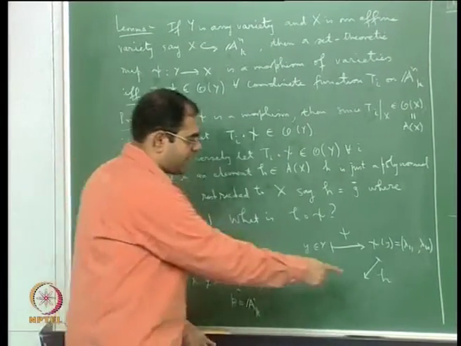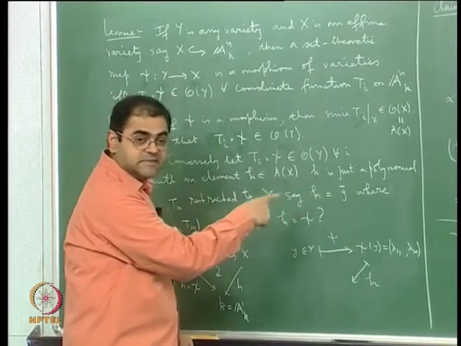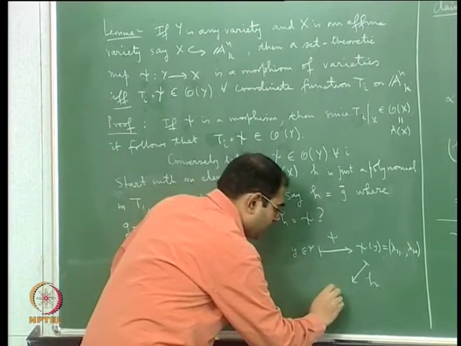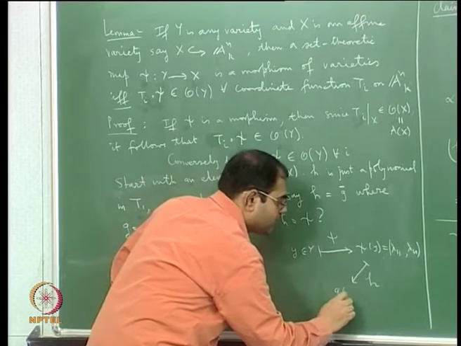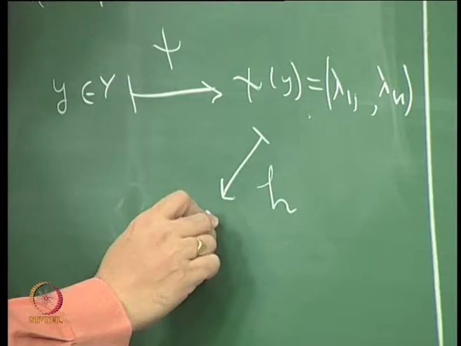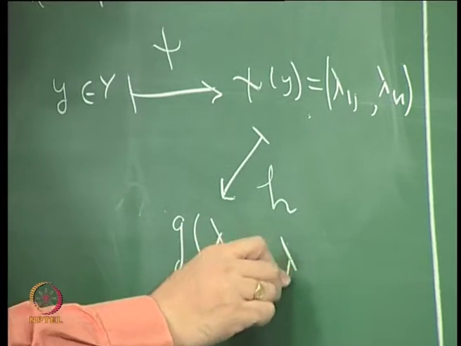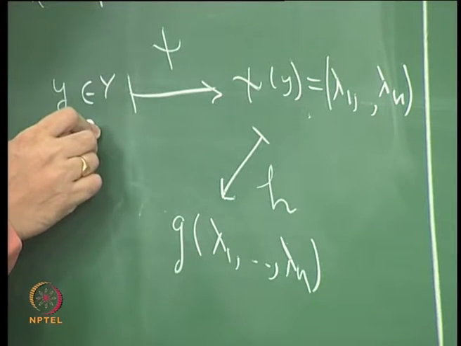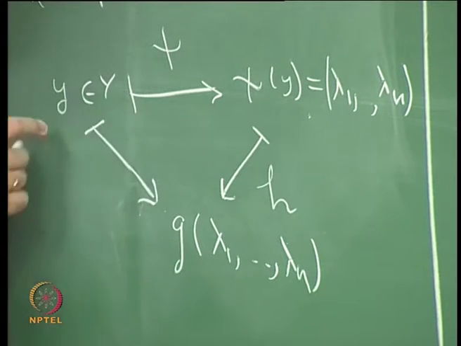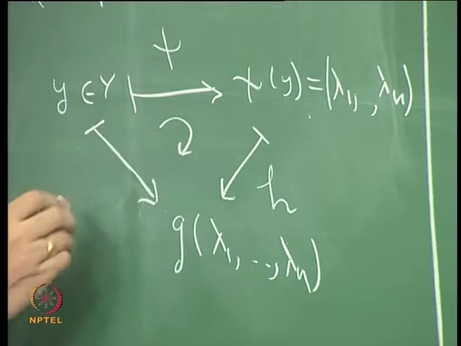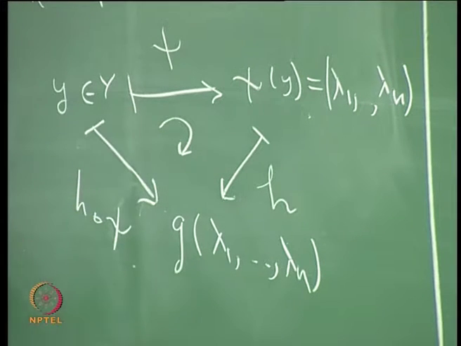So if I apply h, applying h is the same as applying g, okay. So what I will get here is g of lambda 1 etc. lambda n. This is this map which is H circle psi, okay.